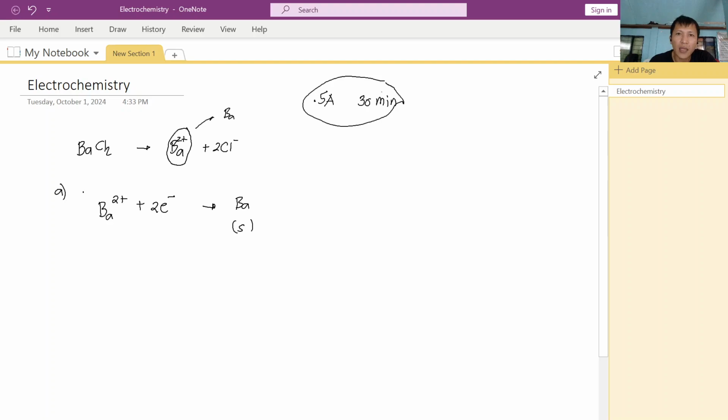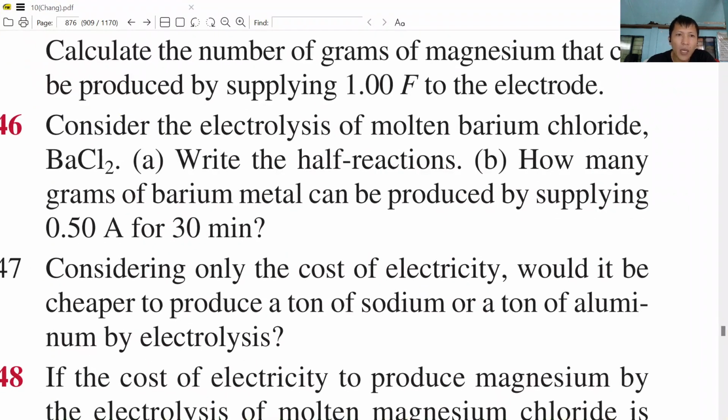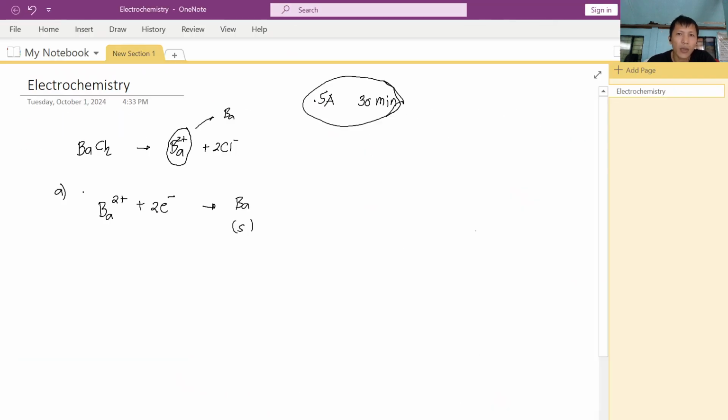So you can already quantify how much energy this is. The question is how many grams of barium metal would be deposited if you supply 0.5 amperes for 30 minutes. Let's say that is the mass of barium metal, and it must come from this 0.5 amperes for 30 minutes.